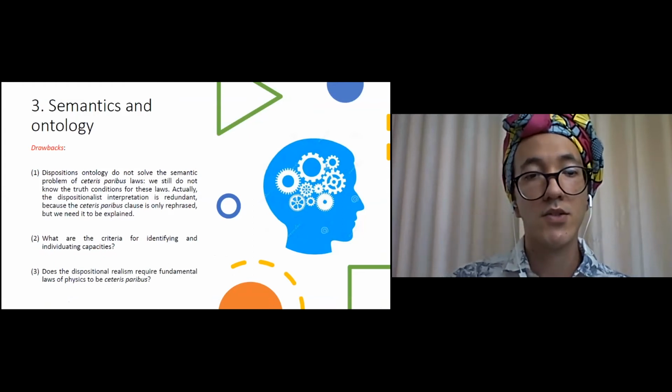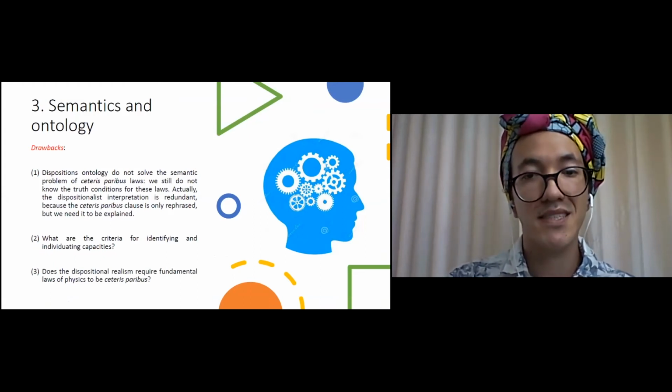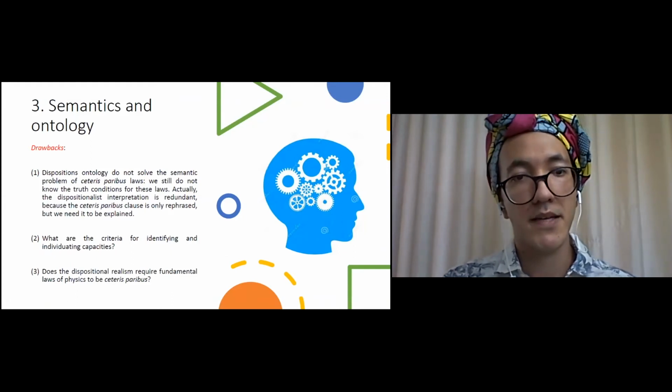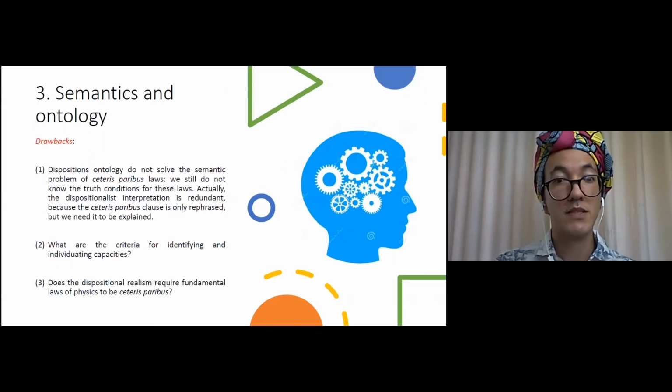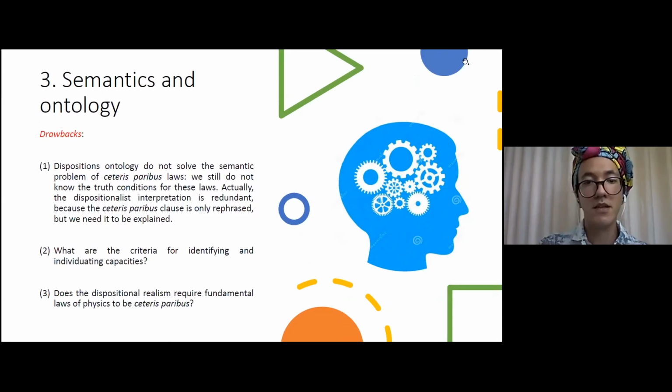So what are the criteria for identifying and individuating capacities? Capacities, as every dispositional property, need to be individuated and identified, and we need criteria for that. And the third problem: does dispositional realism require fundamental laws of physics to be ceteris paribus?